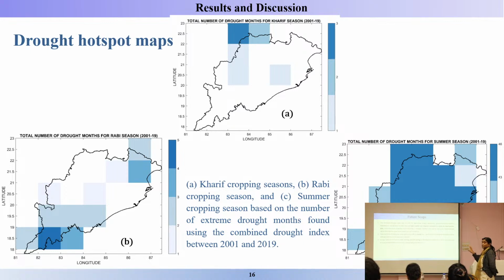So we see that this particular framework can be adopted and applied for higher resolution data, so that instead of getting 18 pixels over Odisha, you may get 1800 pixels. So higher resolution data is desirable.